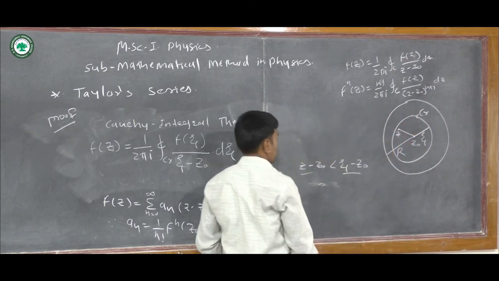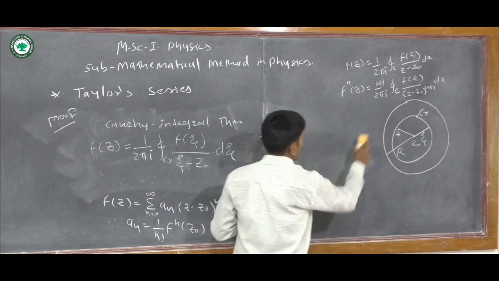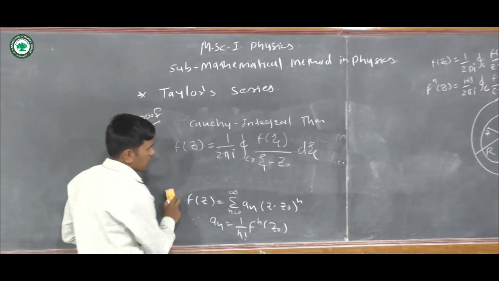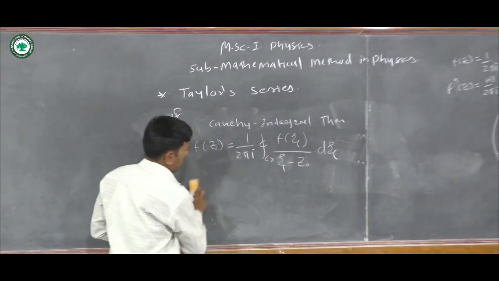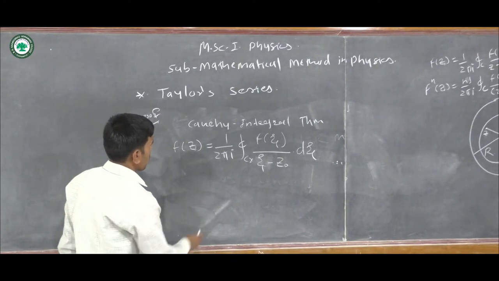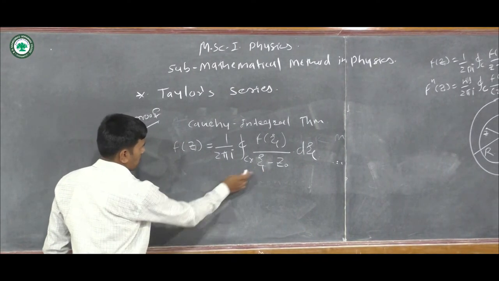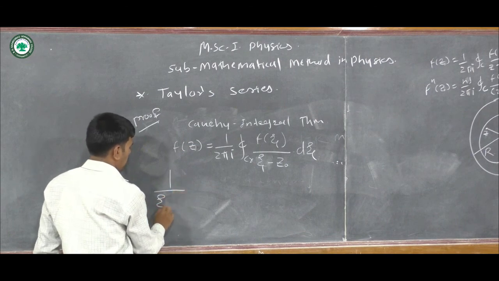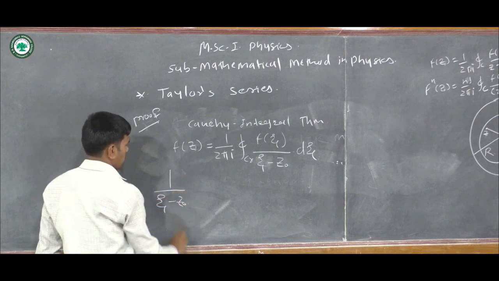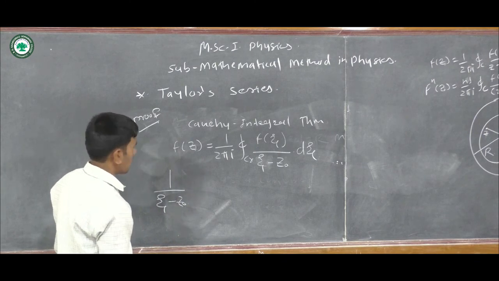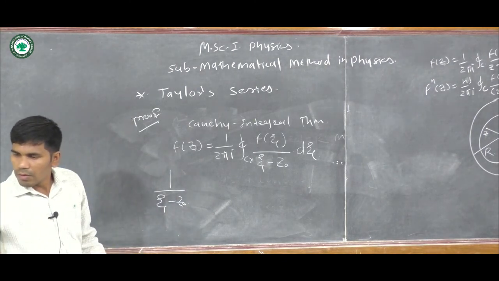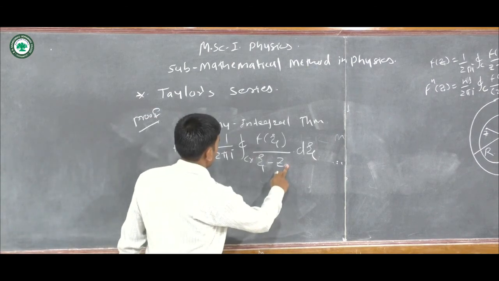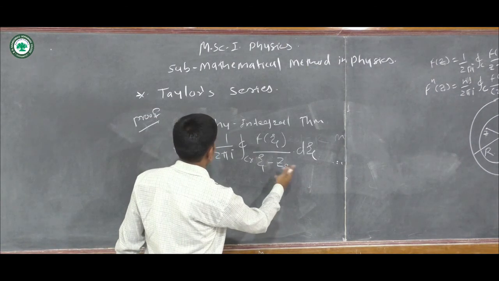If we expand this series in this region, it converges. Here I consider the denominator term, 1 divided by (psi - z), you can consider it in terms of z0.